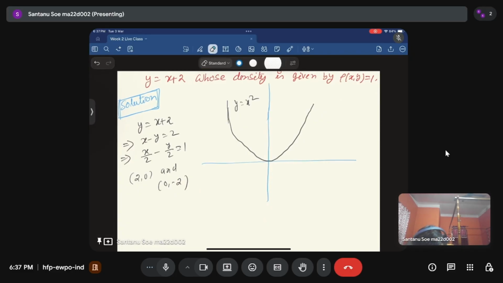So this will be somewhere minus 2 comma 0, and this is 0 comma 2. Okay, so this is our straight line.